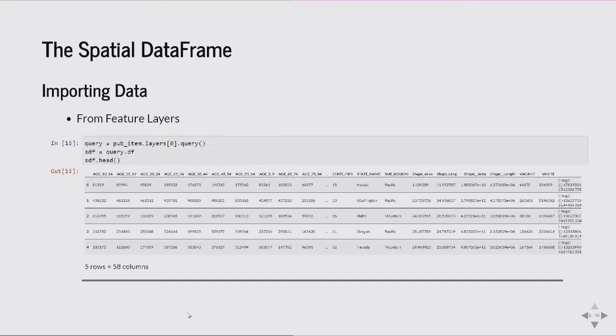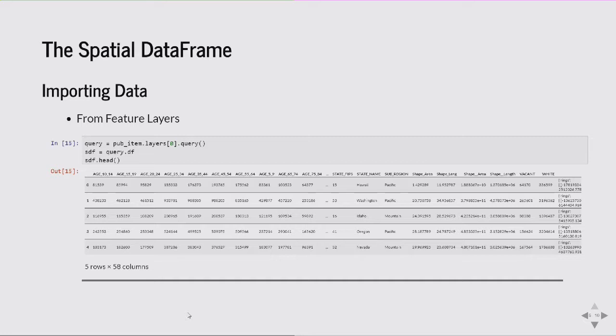The spatial data frame supports multiple ways that you can import data. In this example here, we have a published item, in our case a hosted feature layer, and we're accessing the layer's properties, and then we're querying that information. In the second line, we then say, feature set from the query results, I want you to make it into a spatial data frame.